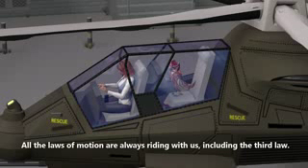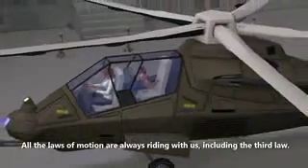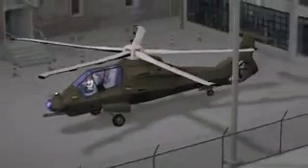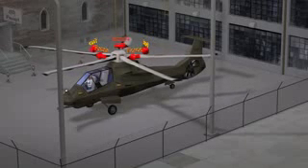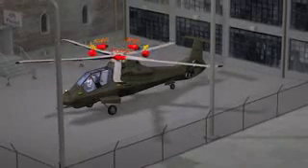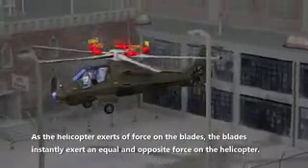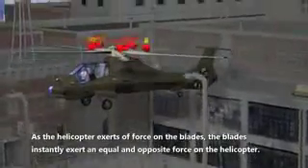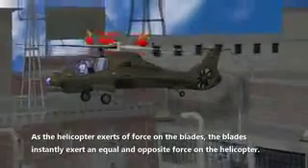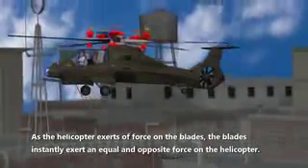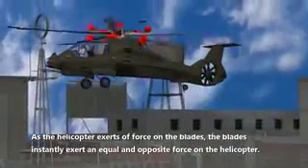All the laws of motion are always riding with us, including the third law. As the helicopter exerts a force on the blades, the blades instantly exert an equal and opposite force on the helicopter.